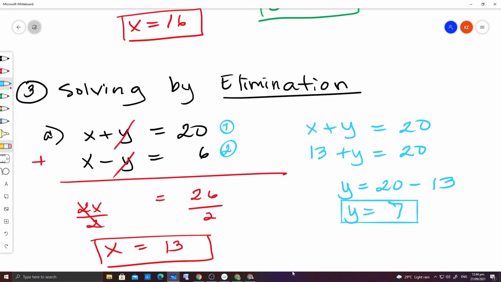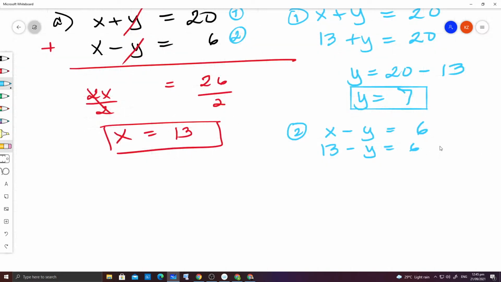Now, for example, Yatika uses number 2, not 1. So we have x minus y equals 6. x is 13, minus y equals 6. Since it is negative y, I can move it here to become positive, and 6 on the other side.